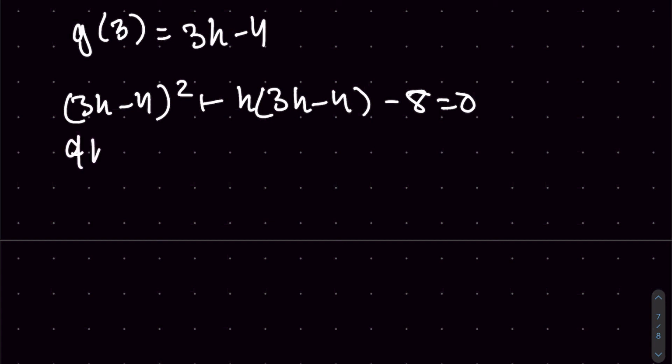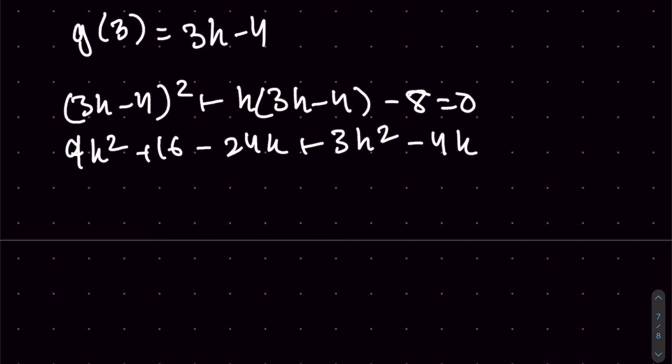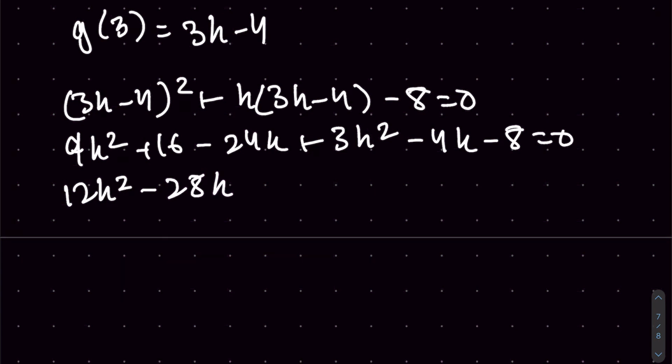9k squared plus 16 minus 24k plus 3k squared minus 4k minus 8 equals 0. So we have 12k squared minus 28k plus 8, and that is equal to 0.